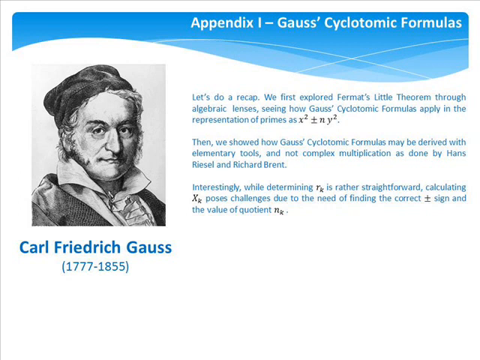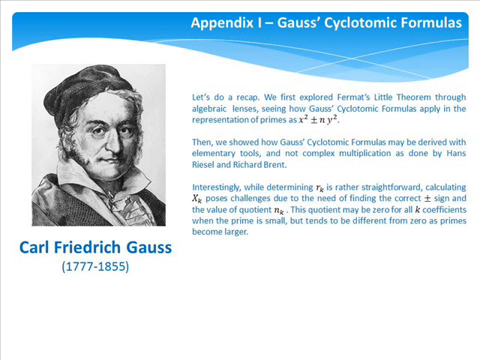Interestingly, while determining r sub k is rather straightforward, calculating x sub k poses challenges due to the need of finding the correct plus-minus sign and the value of quotient n sub k. This quotient may be 0 for all k coefficients when the prime is small, but tends to be different from 0 as primes become larger.